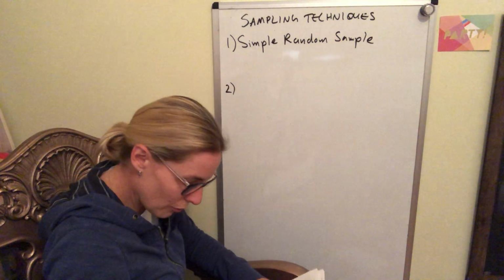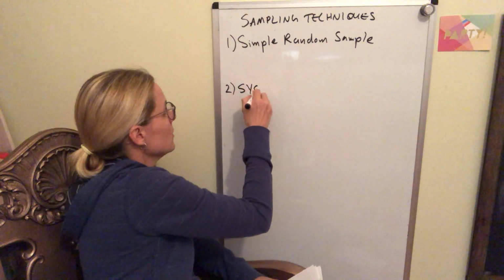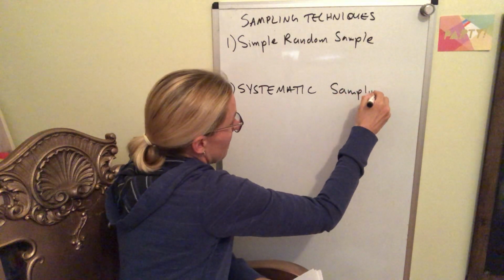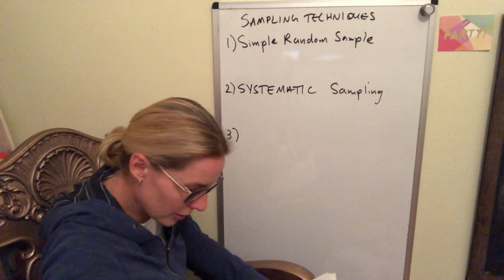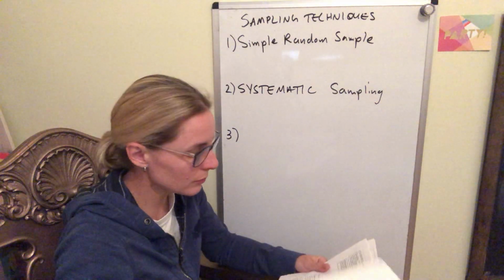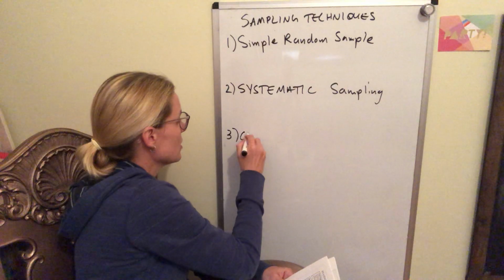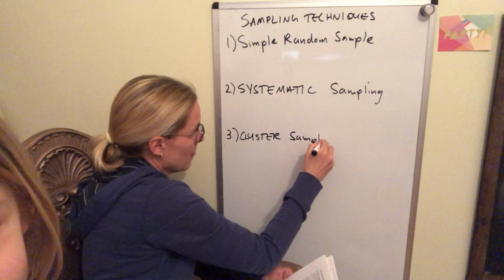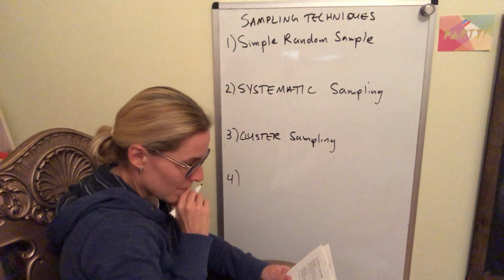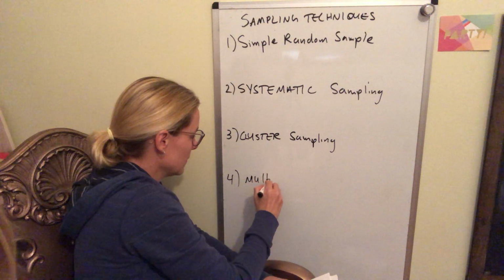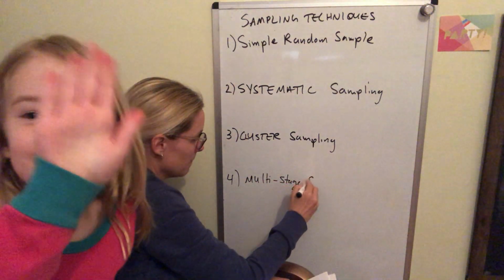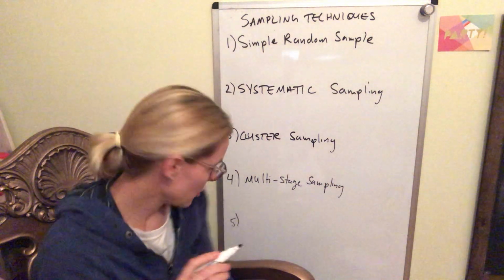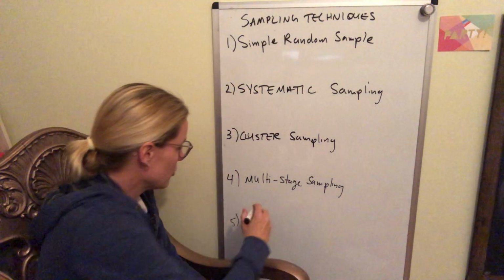The second main one I want to go over, and there's going to be more, systematic. Third one, there is destructive listed here. You can take a look at that on your own. I want to look at the ones that are going to cause the most problems. Cluster sampling. Multi-stage sampling. And the last one I want to go over, which I'm not sure you can see here, is going to be called stratified.